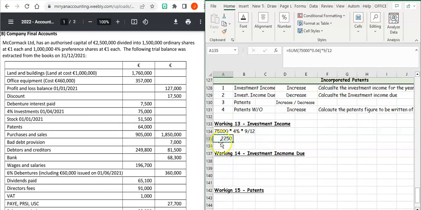So the yearly amount that we have is 2,250. That goes to add to your operating income or operating profit in your profit and loss account.